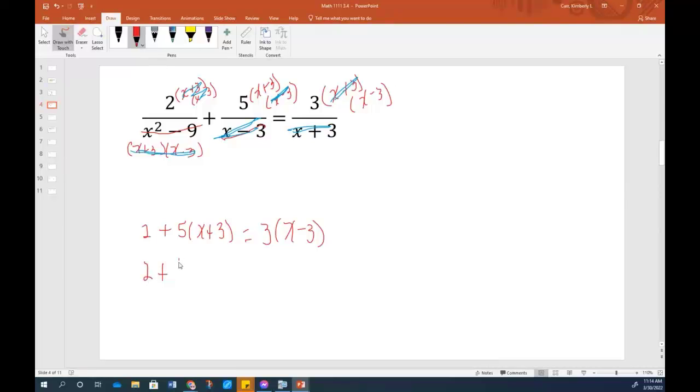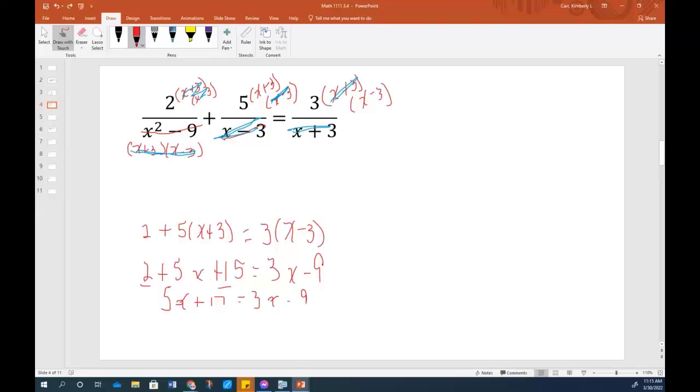So 2 plus 5x plus 15 equals 3x minus 9. I'm going to collect my like terms here. So this side will be 5x. That doesn't look like an x, does it? Plus 17 equals 3x minus 9.